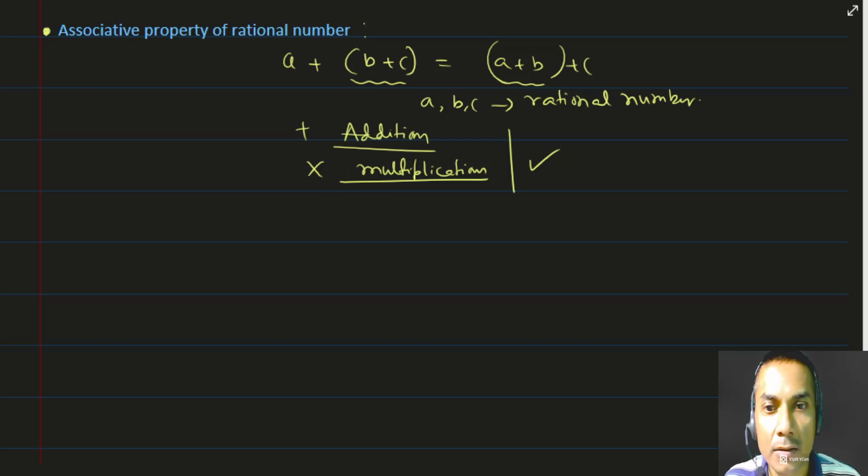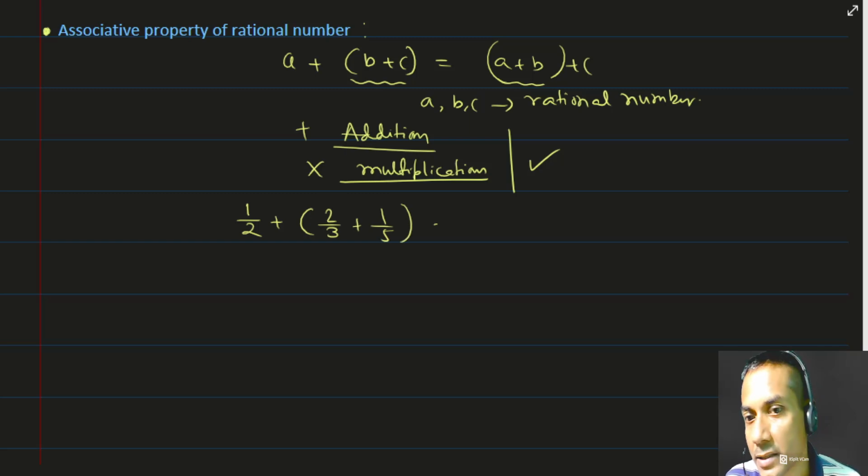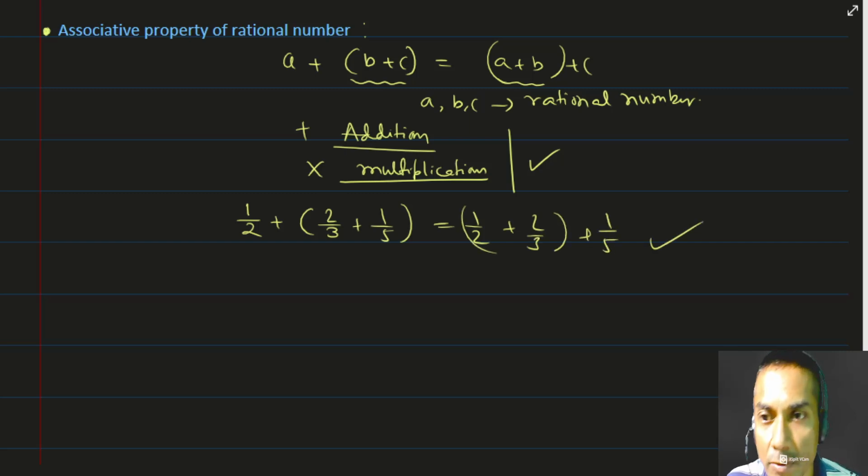For example, if you do the calculation 1 by 2 plus 2 by 3 plus 1 by 5, we get the same result if we group it the other way.